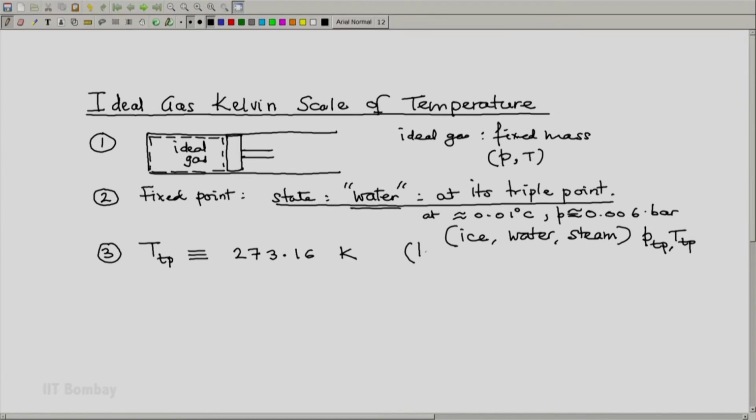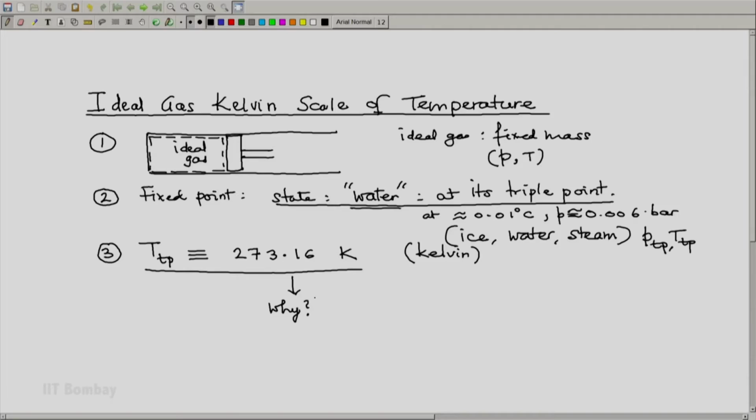K is the unit of temperature, the full name is Kelvin with a small k, the short form is capital K. A question that immediately arises is, why this? We will look at it later. This is a matter of convenience and to align the scale with some other historical scale, particularly the Celsius scale of temperature.